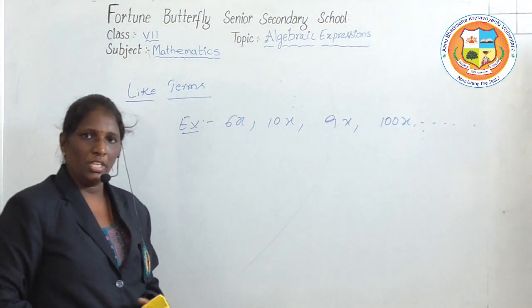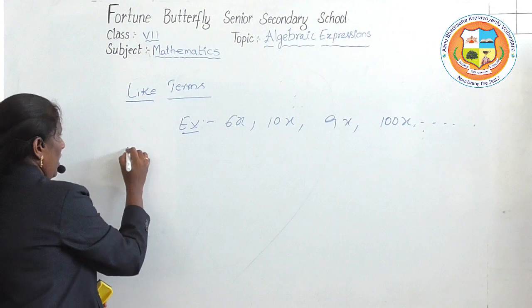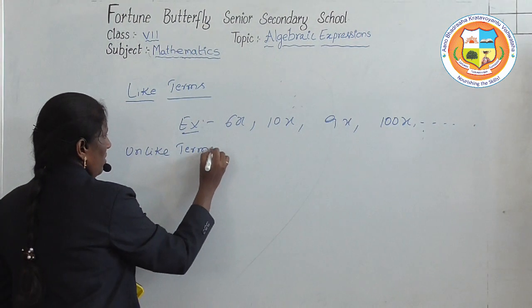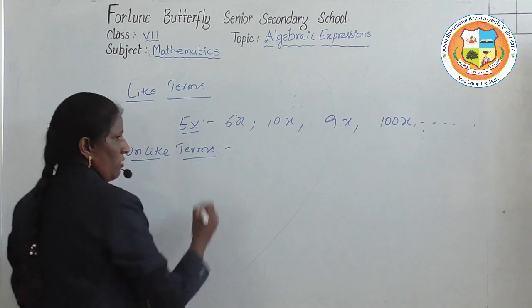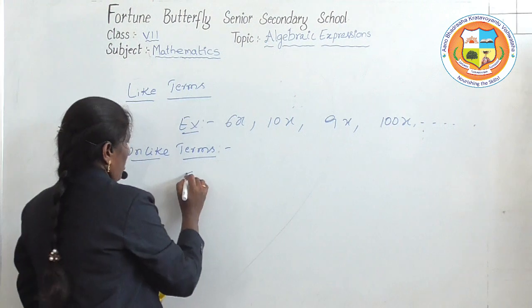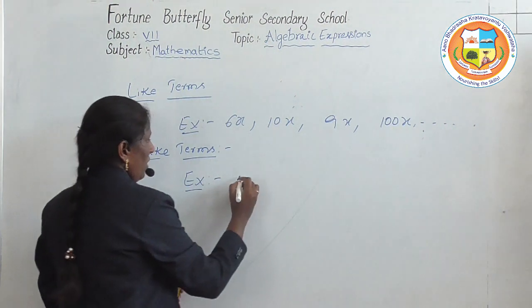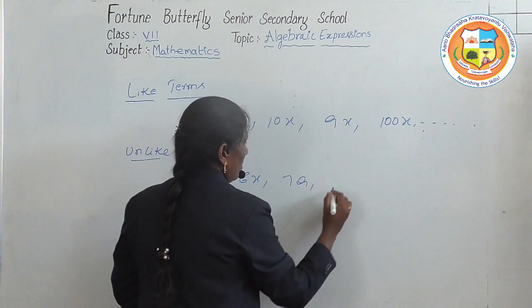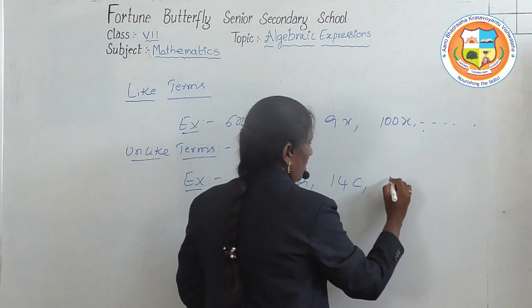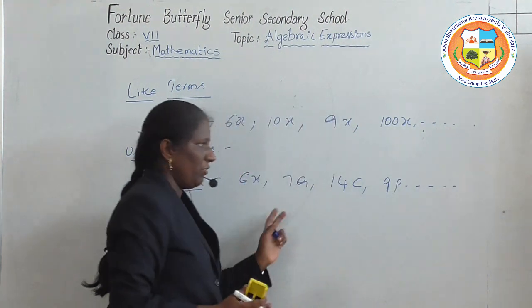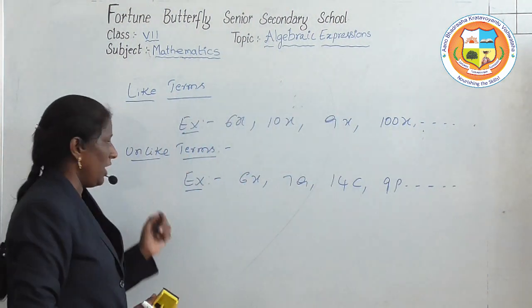This is called like terms. What is unlike terms? Terms which contain different variables are called unlike terms. Variables are different: 6x, 7a, 14c, 9b. Here variables are different, so it is called unlike terms.